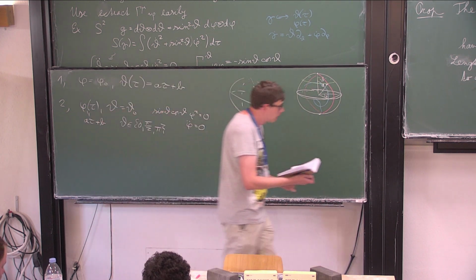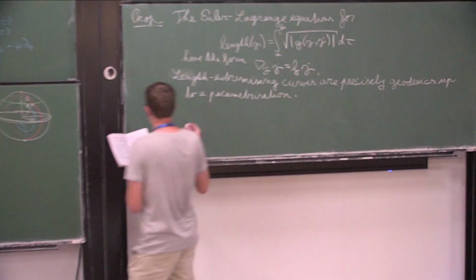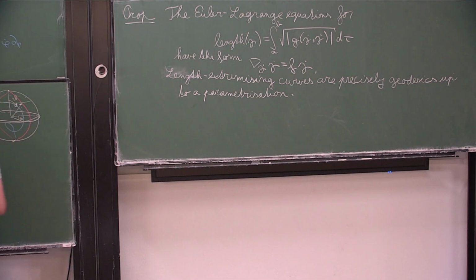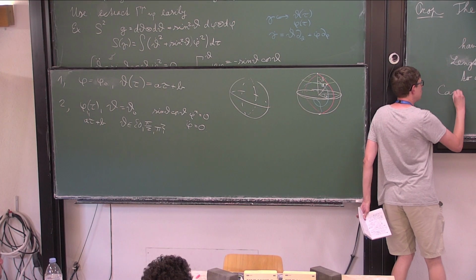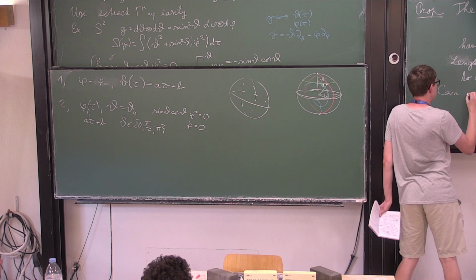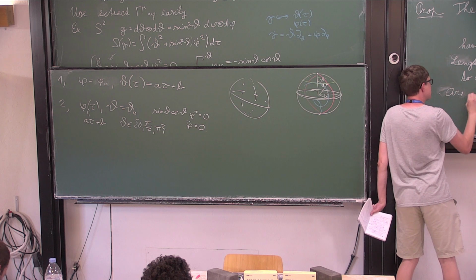Okay, so now a question. Notice that I use the word extremizing, not minimizing. So can you think of a geodesic which is actually not the local minimum? Or are they always local minima? Are there geodesics?